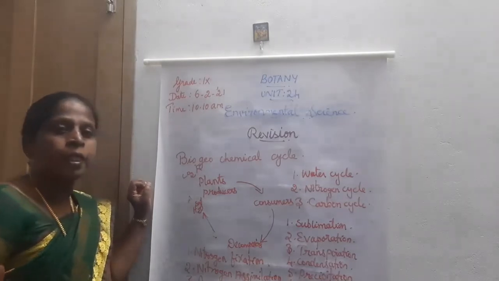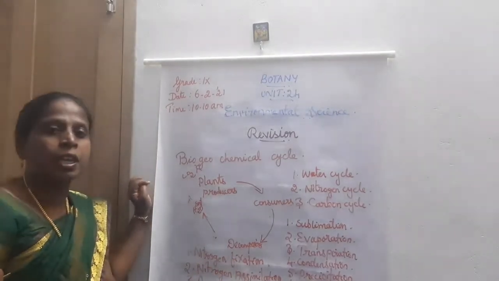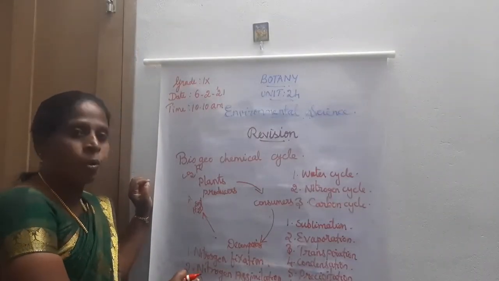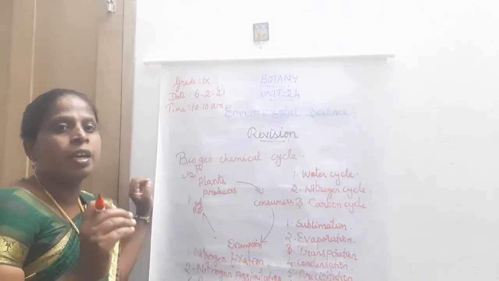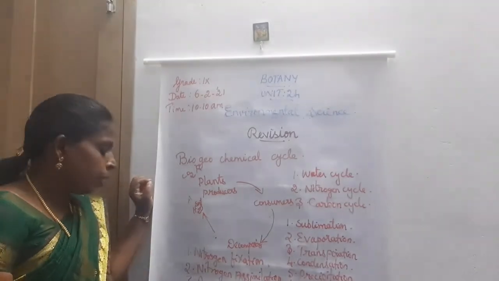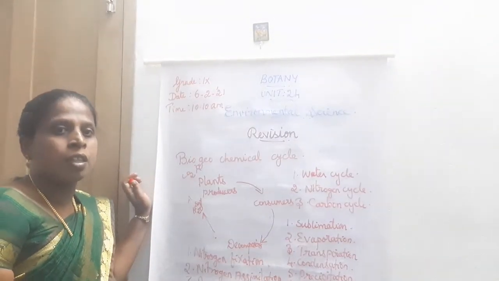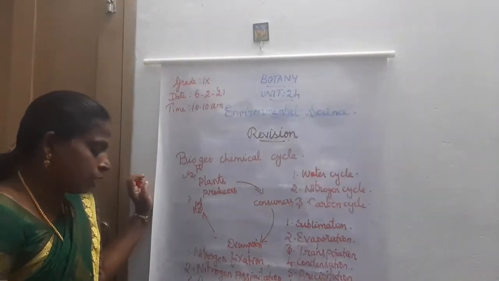Next one, nitrification. What does nitrification mean? The ammonia that is formed during the ammonification process can be converted into soluble nitrate with the help of the microorganisms, nitrifying bacteria, that is Nitrosomonas and Nitrobacter.